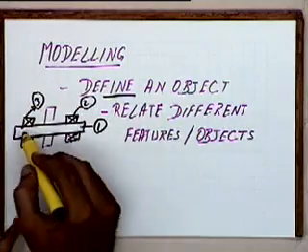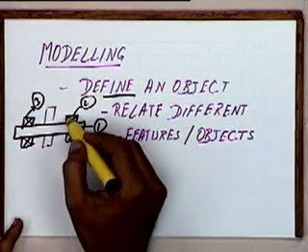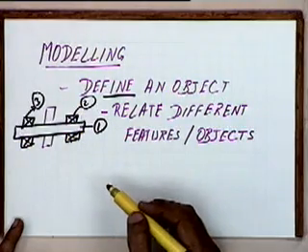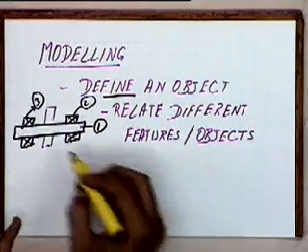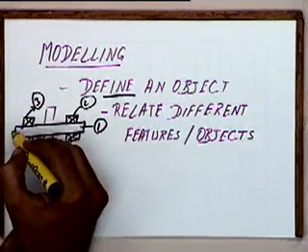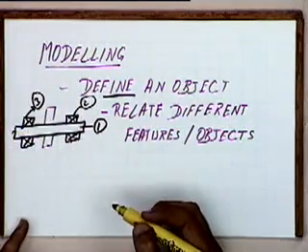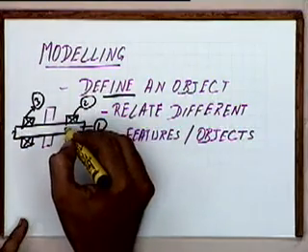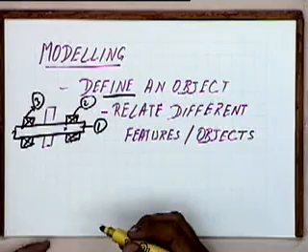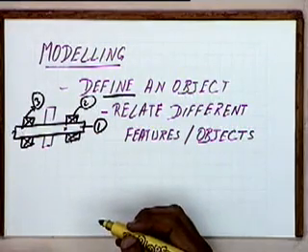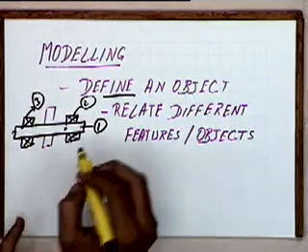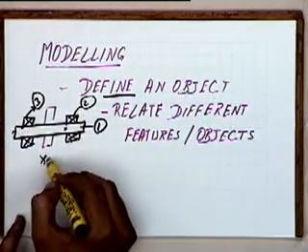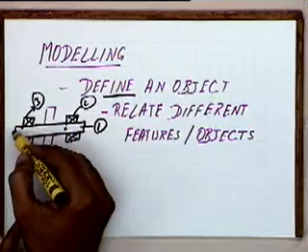That means this shaft is next to this bearing and is touching it on this surface. Let us say for this object we are defining this as an origin, and for this bearing maybe we are taking this as the origin. We would like to define that this bearing is located at a particular XYZ value with respect to this origin.